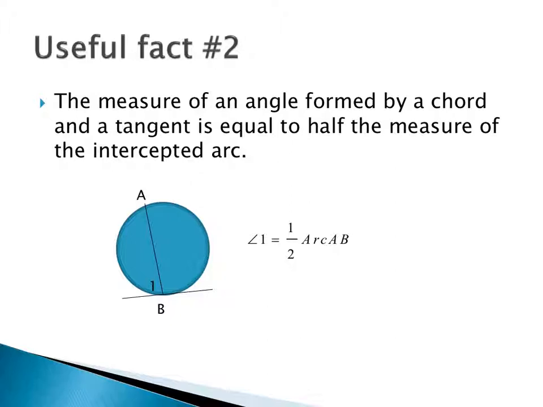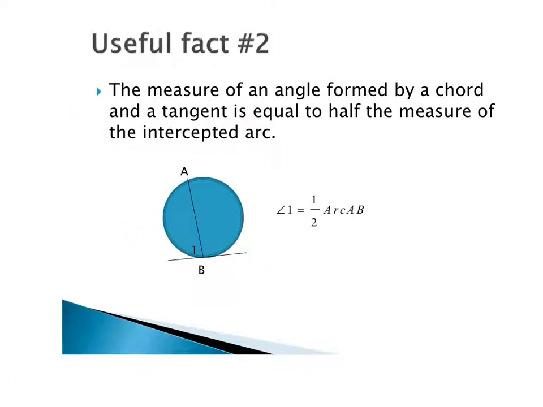Useful fact number 2. The measure of an angle formed by a chord and a tangent is equal to half the measure of the intercepted arc. So sort of like the inscribed angle, but remember the inscribed angle was created by 2 chords. This one's going to be created by the chord and a tangent, and it's still half of the measure of the arc.